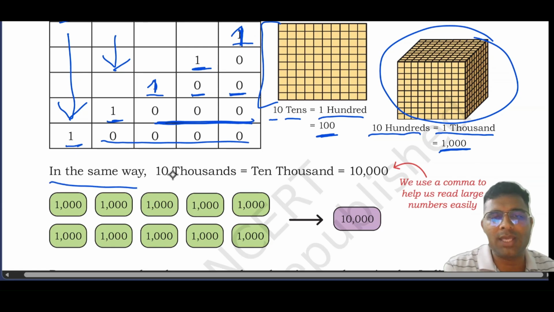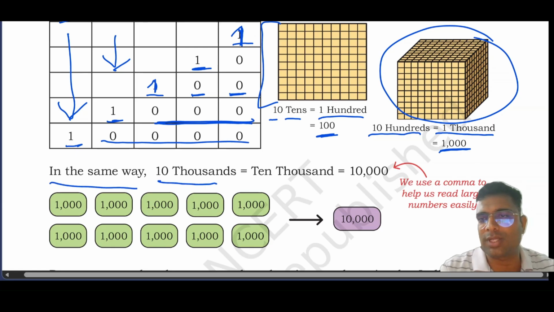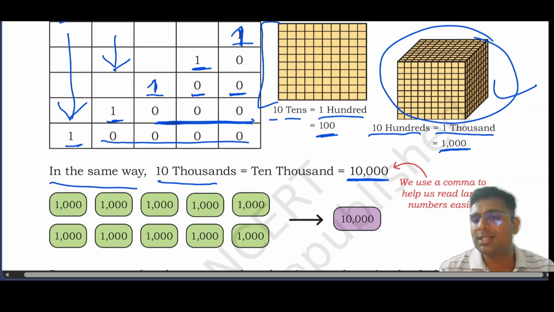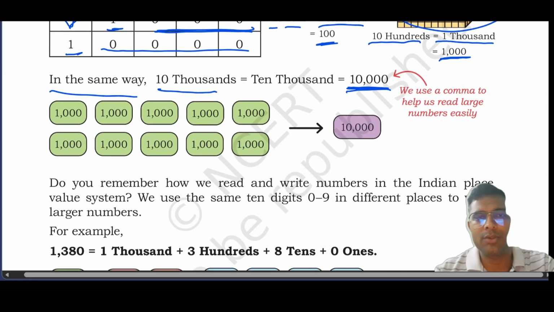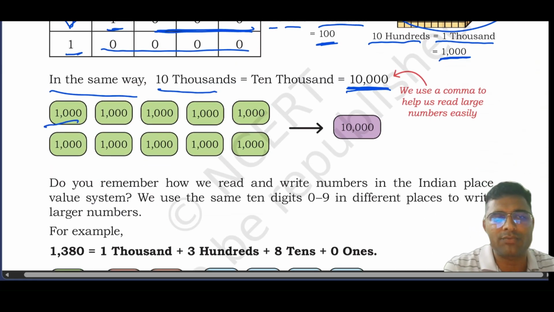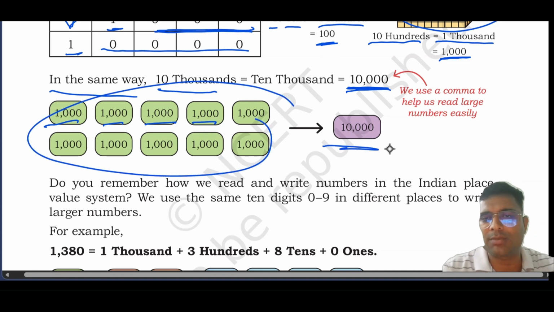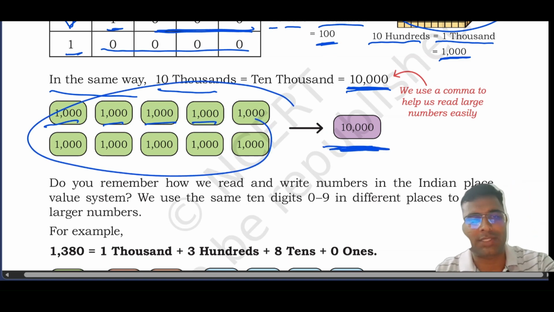In the same way, 10,000: this is 1000, and such 10 thousands make 10,000. So 1 and after that four zeros, that is called 10,000. You can see here 1000, 1000, 1000, 1000, and they are total 10, so it becomes 10,000.